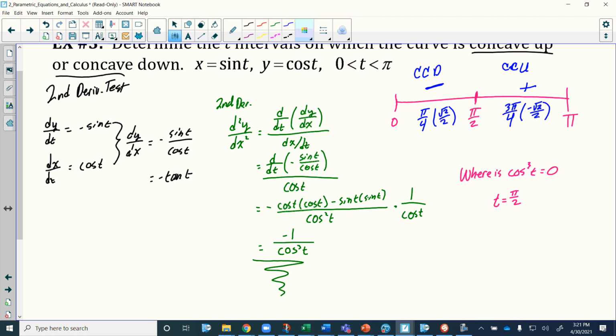So the answer I would give is: we are concave down on the interval from 0 to pi over 2, and we are concave up on the interval from pi over 2 to pi.